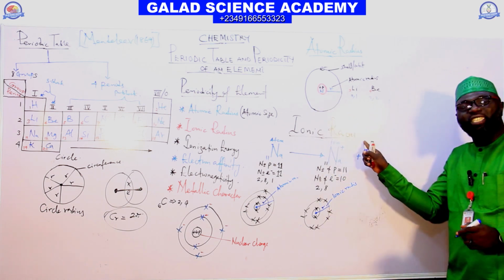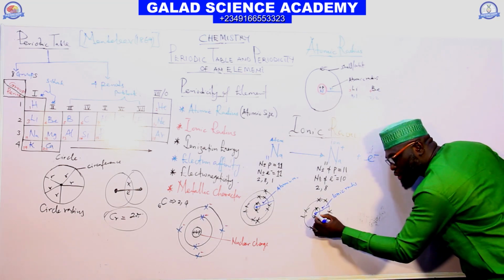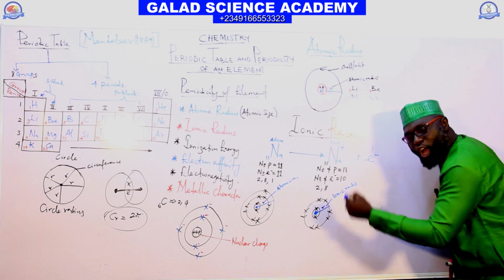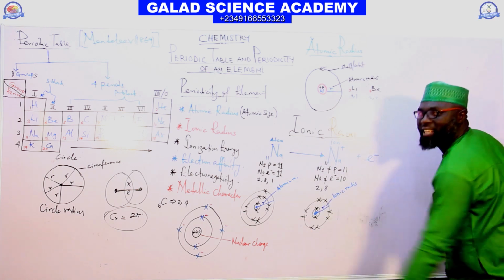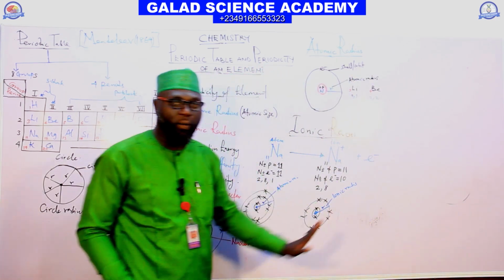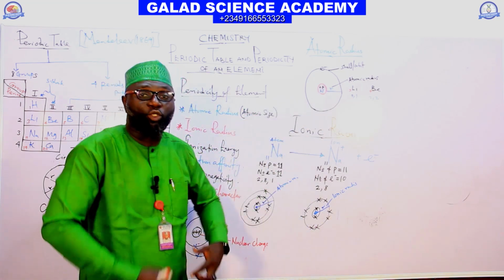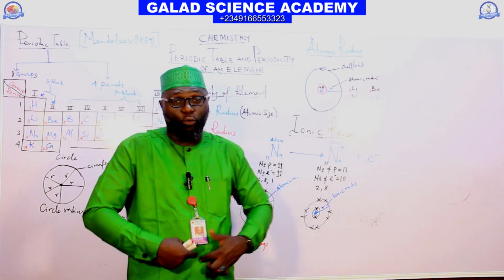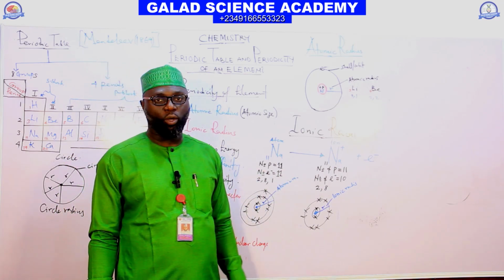Therefore, ionic radius can be defined as the distance between the positive central nucleus of an ion and the valency shell.